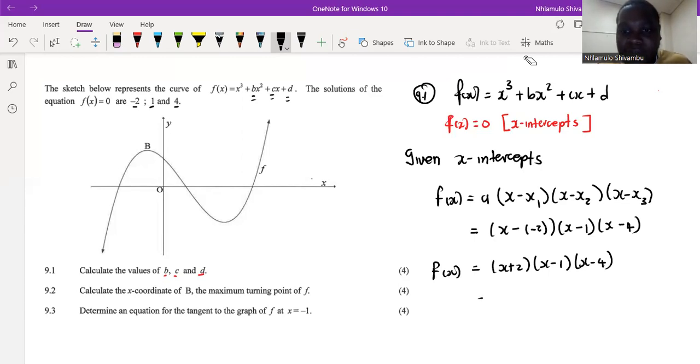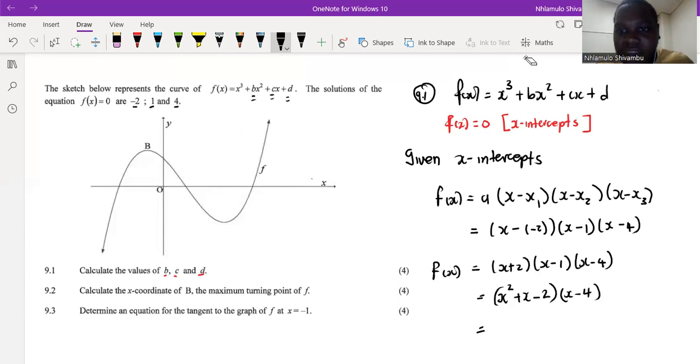We start by simplifying these two. x times x gives x squared, then x times minus 1 is minus x, and 2 times x is plus 2x. So minus x plus 2x is plus x. Then 2 times minus 1 gives minus 2. Then times x minus 4.